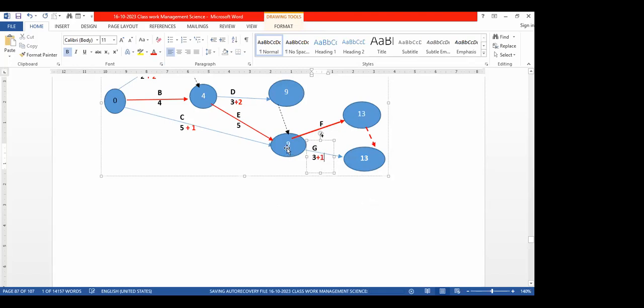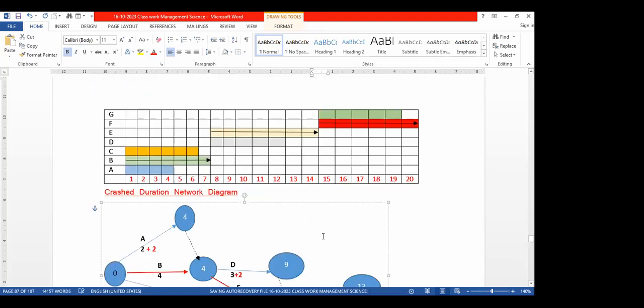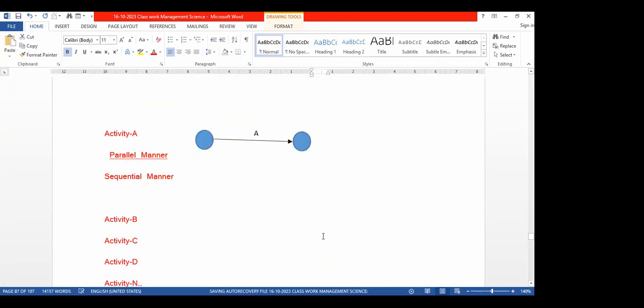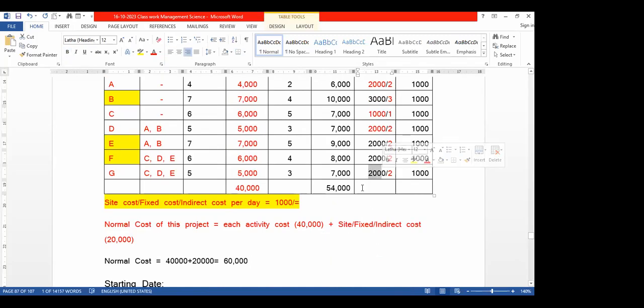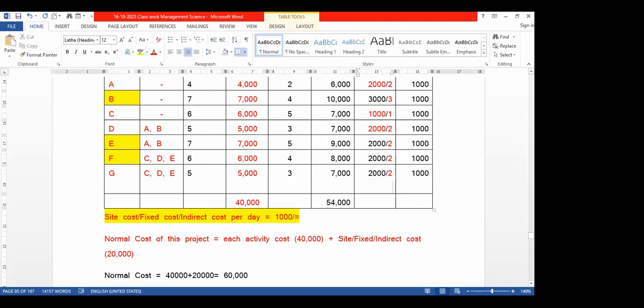Now that also becomes 9 plus 4, 13. So here only 1 day. 1 day cost is 1000. Here only we can consider, not all. 1000 we can consider.